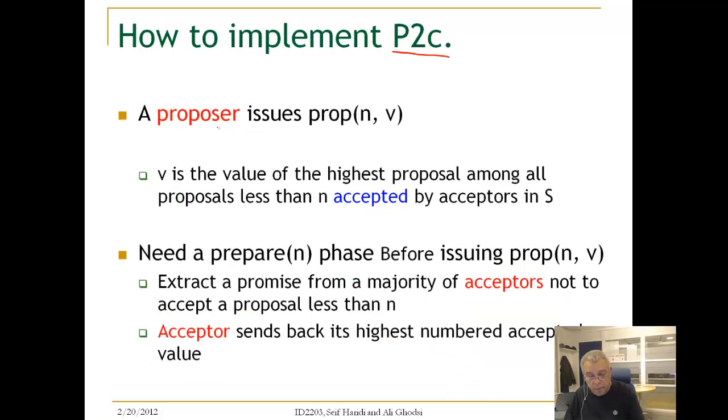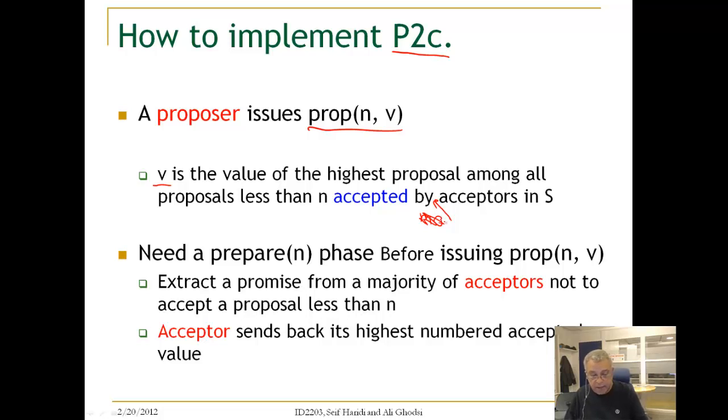In particular, we have a proposer that issues a proposal number n with value v, and we want to guarantee that v is the value of the highest proposal among all proposals less than n accepted by acceptors in S, and S is a majority of acceptors. So how can we do that?